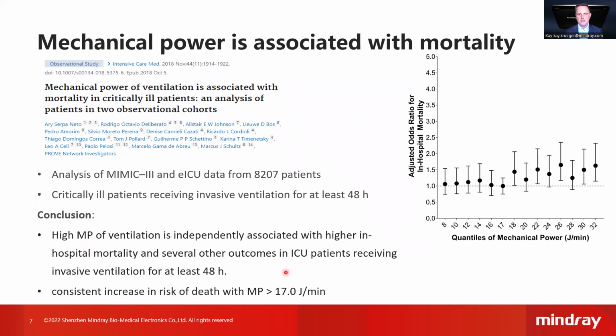The conclusion here is that high mechanical power ventilation is independently associated with higher in-hospital mortality and several other outcomes in ICU patients receiving invasive ventilation for at least 48 hours. They have found a consistent increase of risk of death with a mechanical power that exceeded 17 joule per minute.